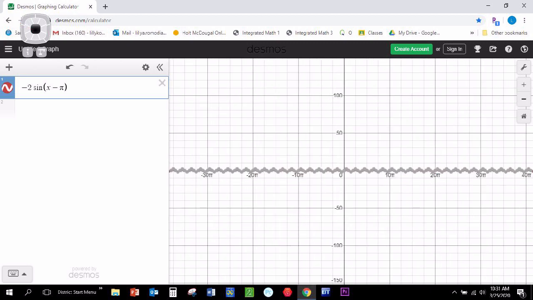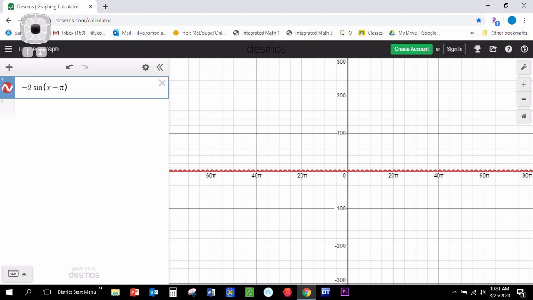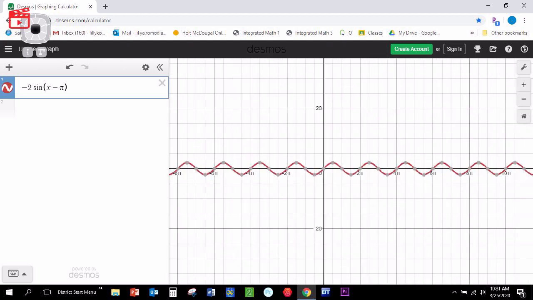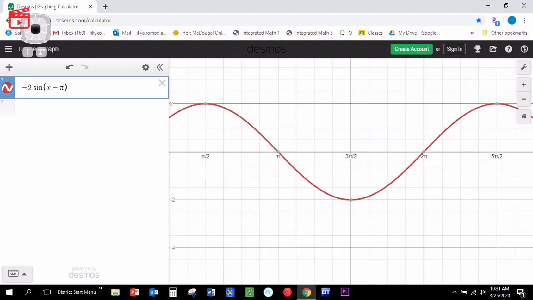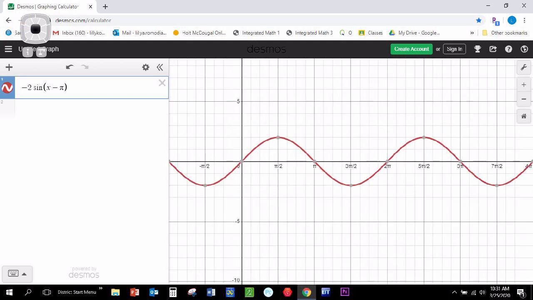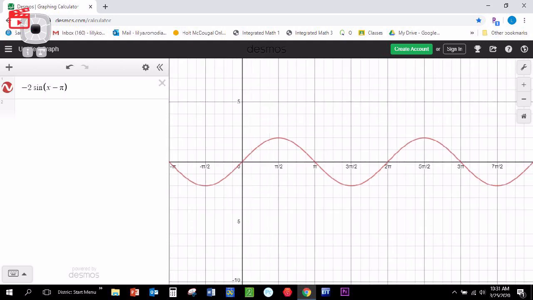So I can zoom this as much as I want. It is a continuous function, but we don't want that. So we want to just see if our answer was correct, if our increments on the x-axis are correct as well. Check that, check your wave, check your min, check your max, and then this is how you check your answer.